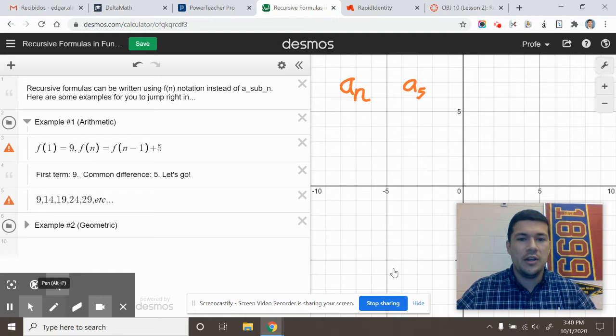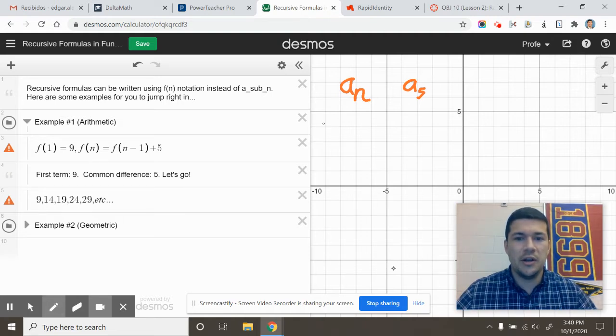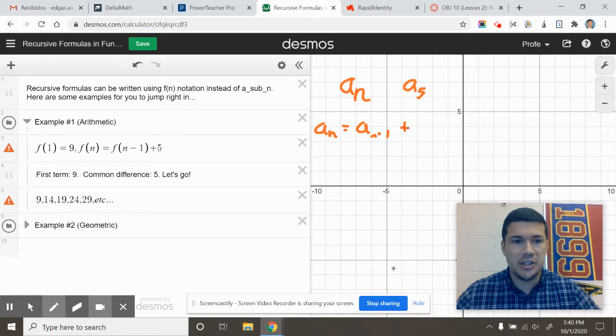So for example, yesterday we were seeing, we'll start with an arithmetic recursive rule. We could have seen a recursive rule that said A sub n equals A sub n minus 1 plus, let's say, plus 5. And then you had to state, well, A sub 1 equals, I'm peeking right here, 9.